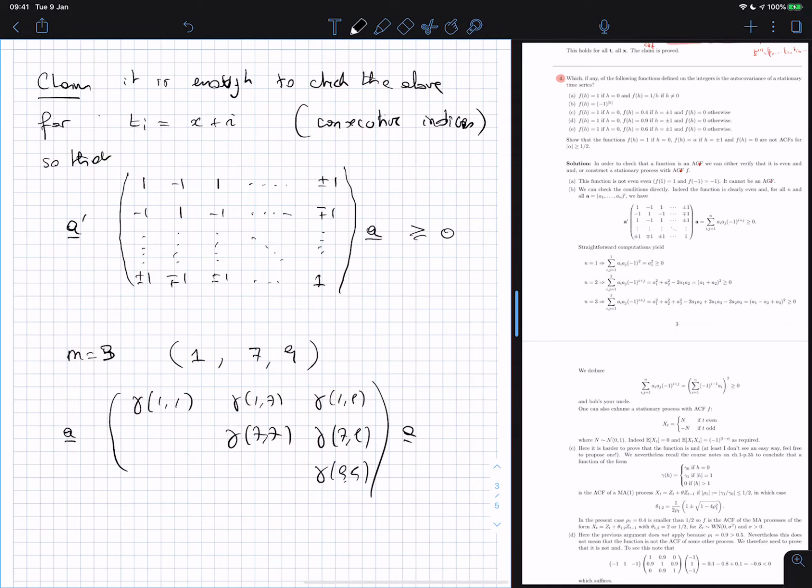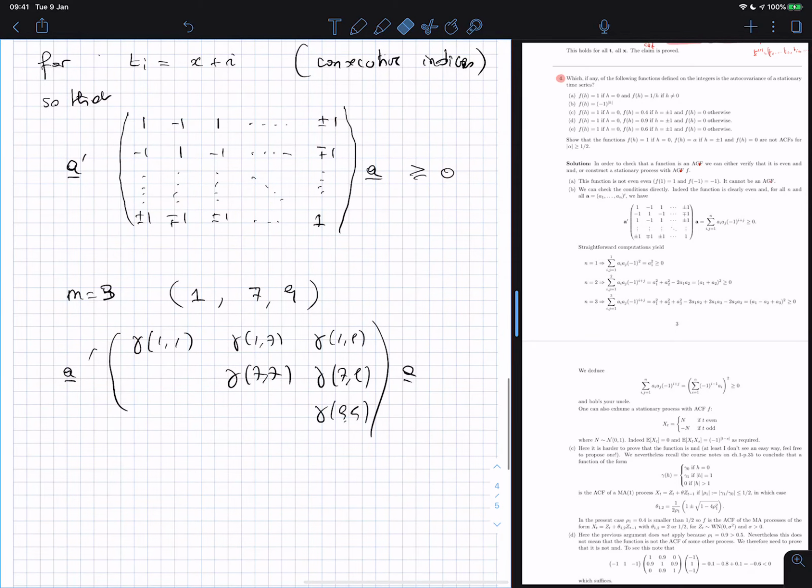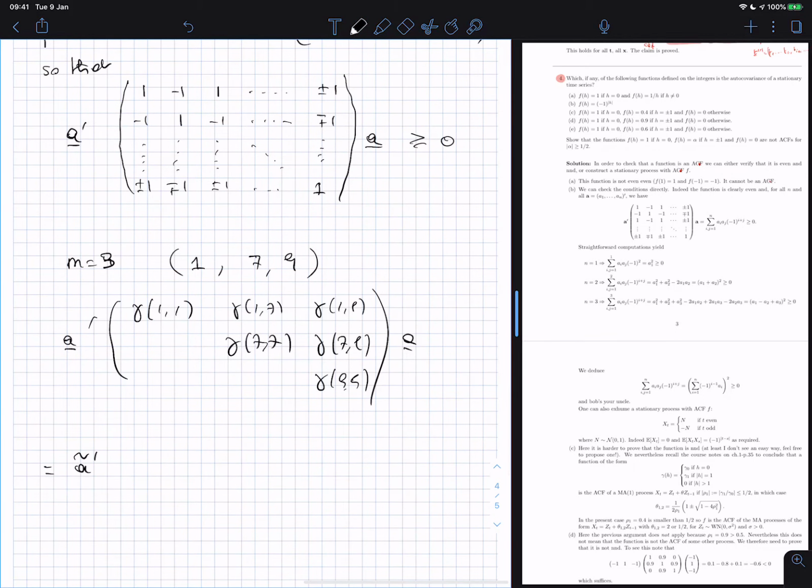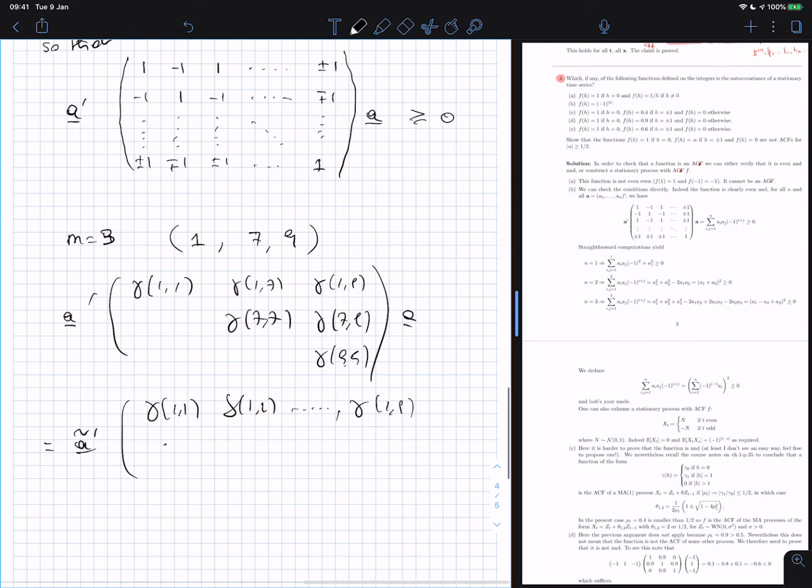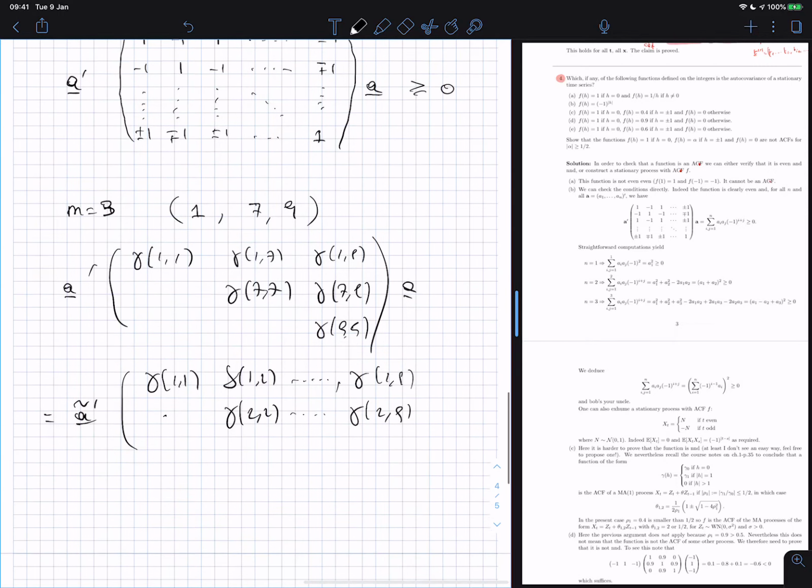So what I'm saying now is that this thing here is the same as, I put a tilde, and then I take gamma of 1,1, gamma of 1,2, up to gamma of 1,9, gamma of 2,2. My writing is really hard, I'm very sorry. And then we go on up to gamma of 9,9, like this.